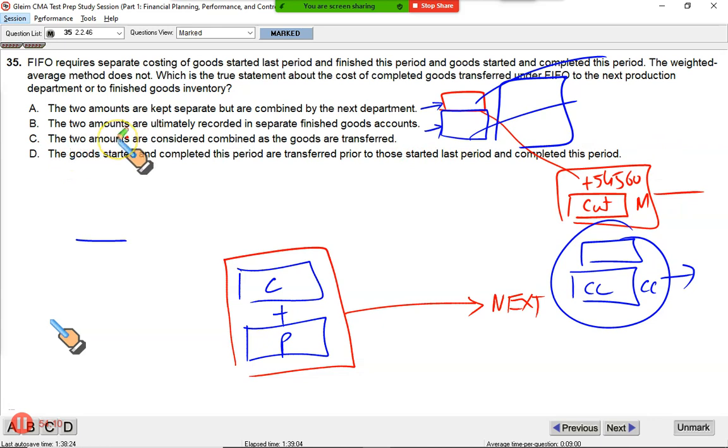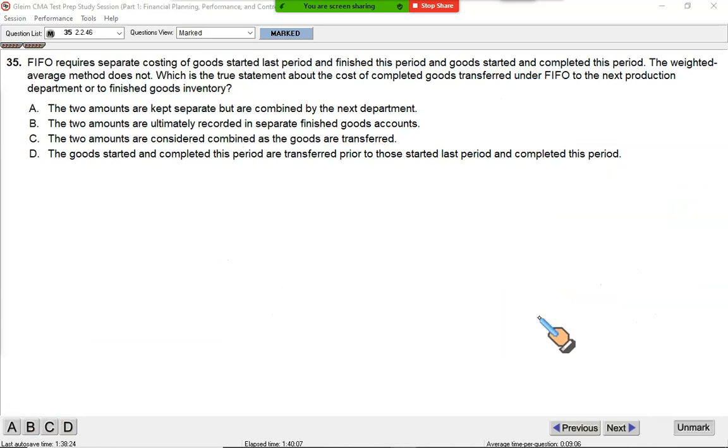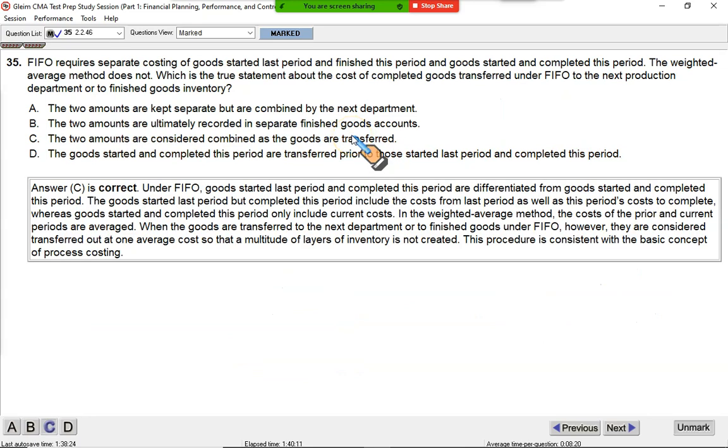The two amounts, the current and the previous, are considered combined as the goods are transferred. Remember, when the goods are transferred, the previous costs and current costs are combined and transferred to the next department. We cannot ignore the costs that have been incurred in the previous period. They must be added together and then the goods are transferred.